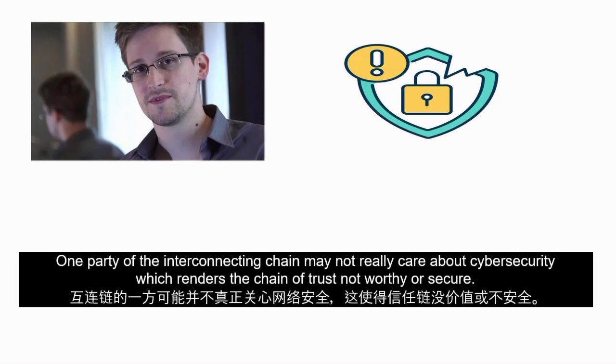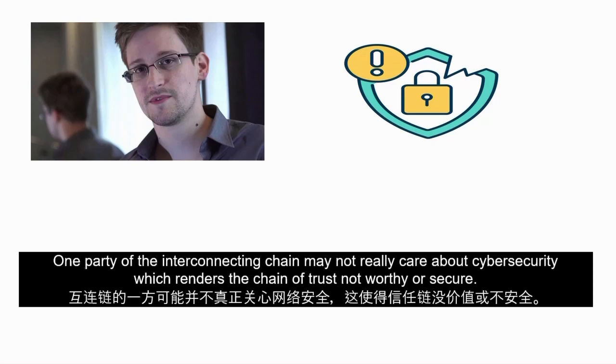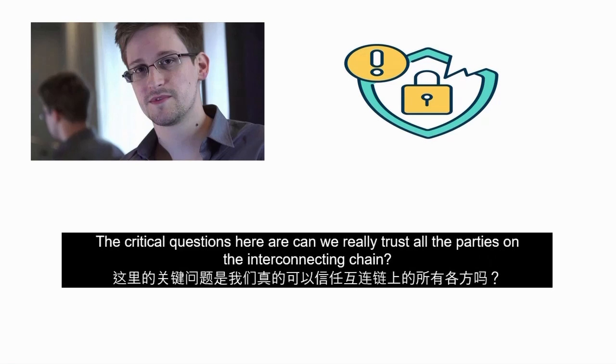One party of the interconnecting chain may not really care about cybersecurity, which renders the chain of trust not worthy or secure. The critical questions here are, can we really trust all the parties on the interconnecting chain?